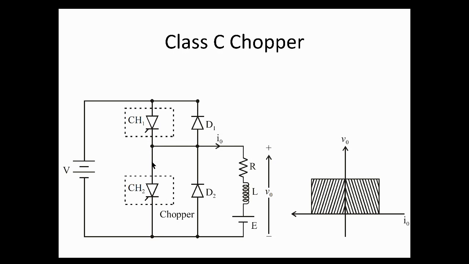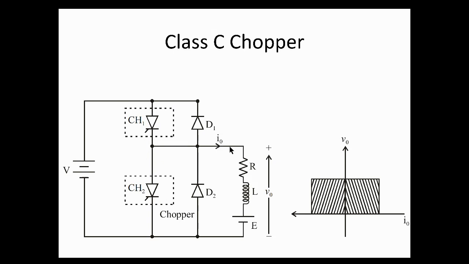For the second quadrant operation, chopper two will be on, or we can make diode one conduct. However, when we have chopper one on, our load current becomes positive, as you can see here.